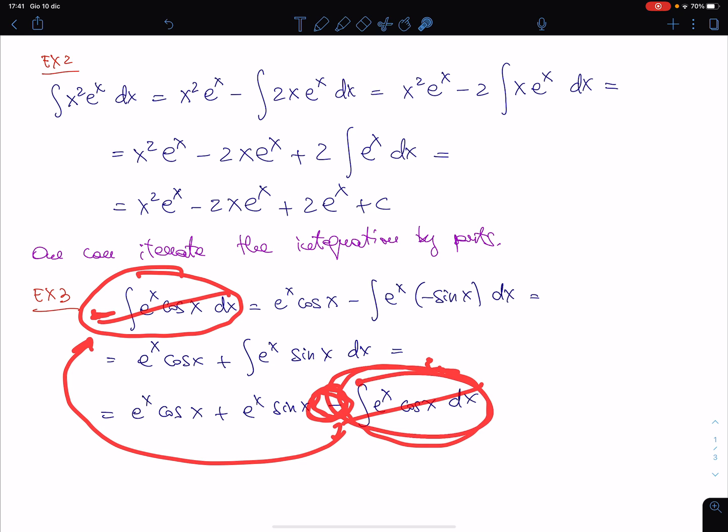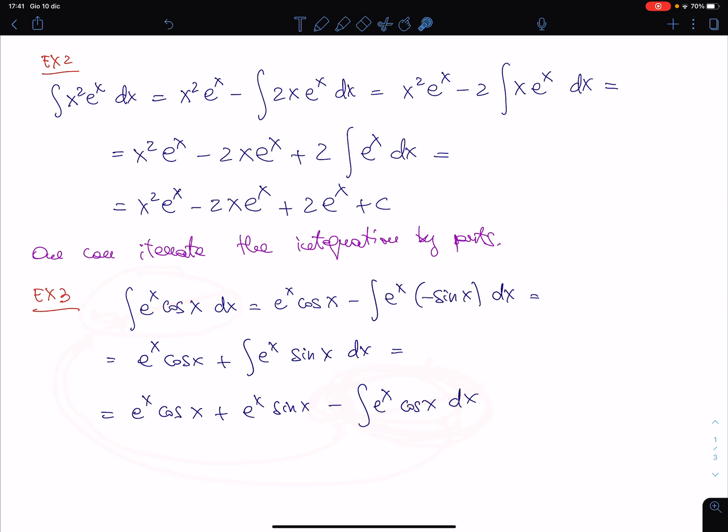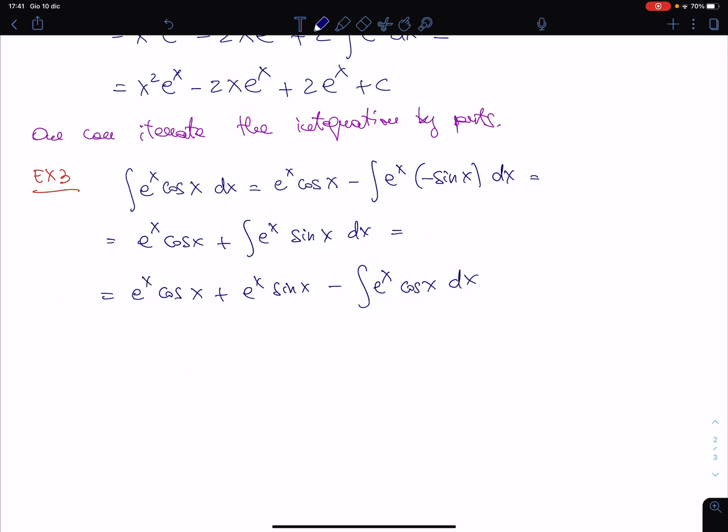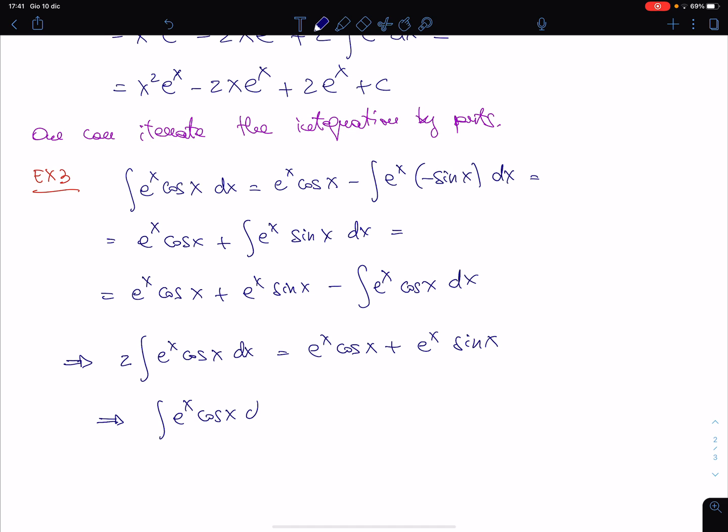So just take the second integral, the integral on the right-hand side, bring it to the left-hand side, and so you have that 2 times the integral of e to the x cosine x dx is equal to e to the x cosine x plus e to the x sine x, and then the integral of e to the x cosine x dx is equal to e to the x cosine x plus e to the x sine x divided by 2.